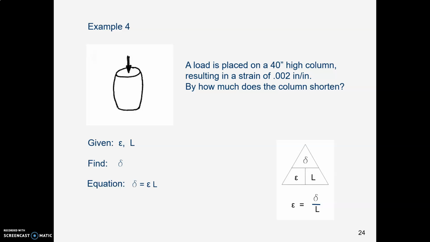So deformation equals strain times length. Deformation equals strain, 0.002, times length, 40 inches. It shortens 0.080 of an inch, 80 thousandths of an inch. And again, the units are in inches.